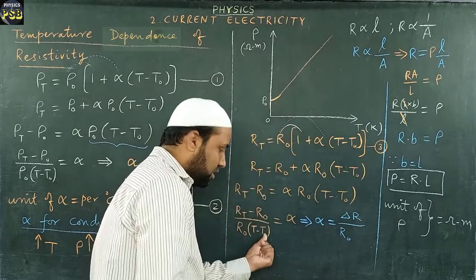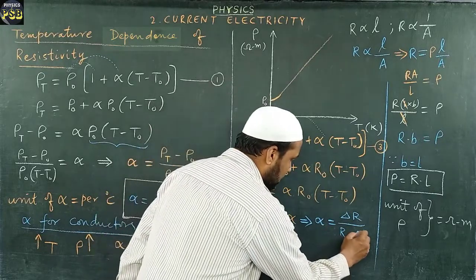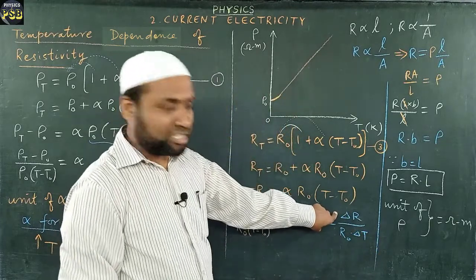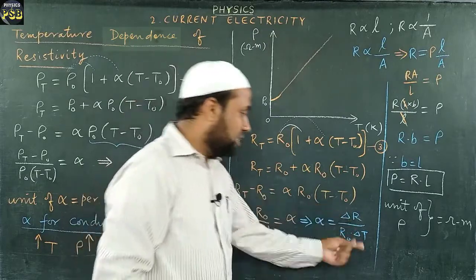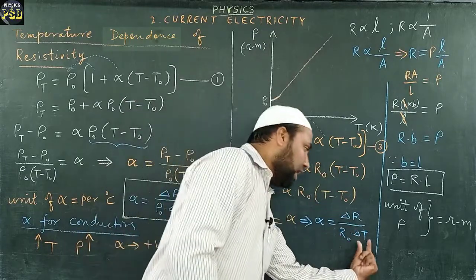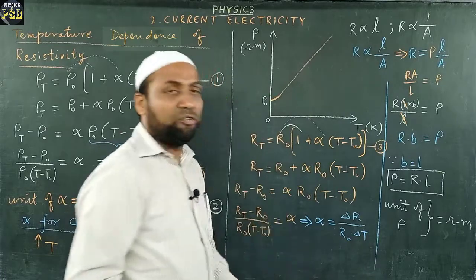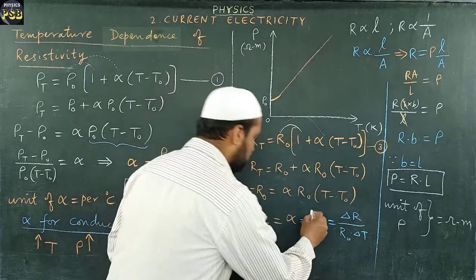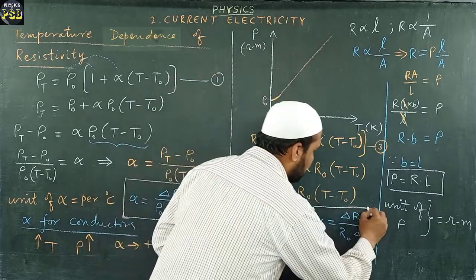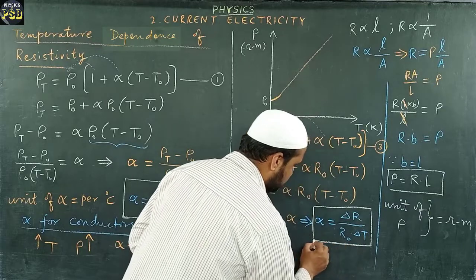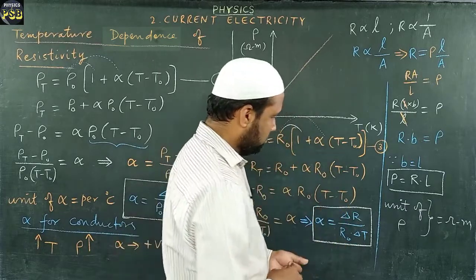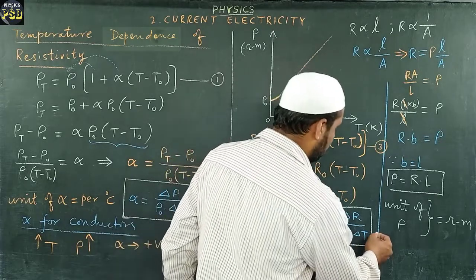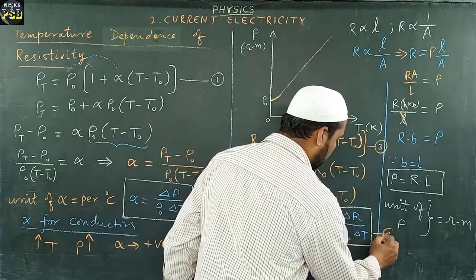In the place of T minus T naught, I write delta T. Here, delta R is the change in resistance for a change in temperature, that is delta T. This is another expression for alpha, which stands for temperature coefficient of resistivity. I take this as equation number 4.